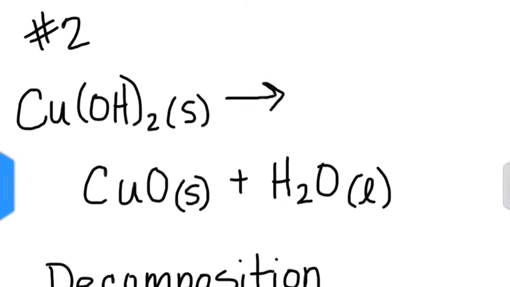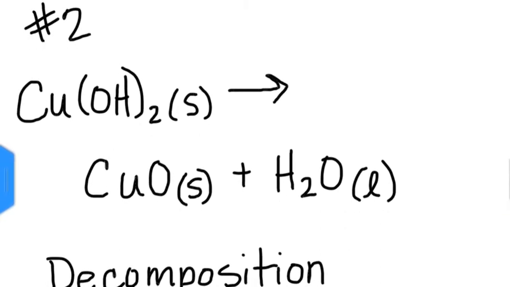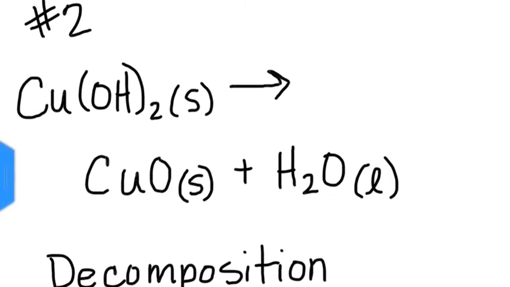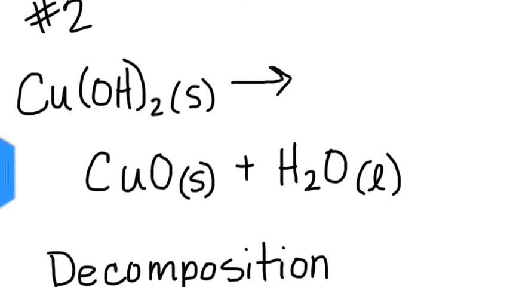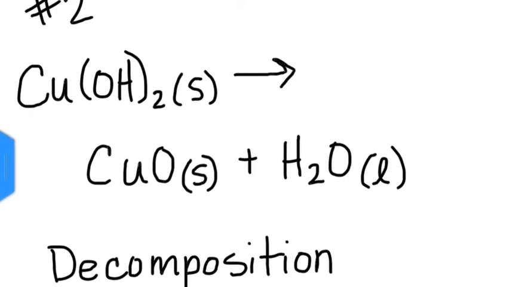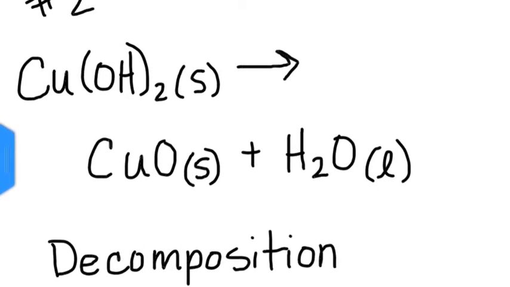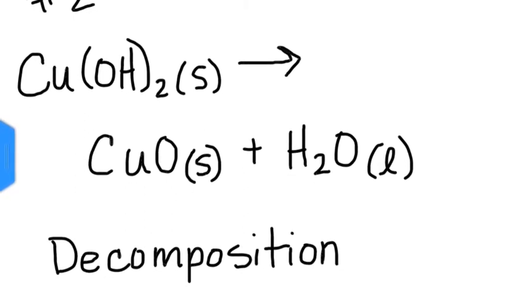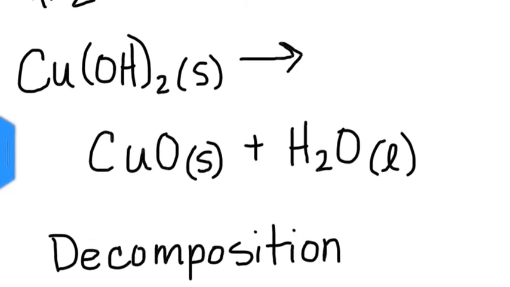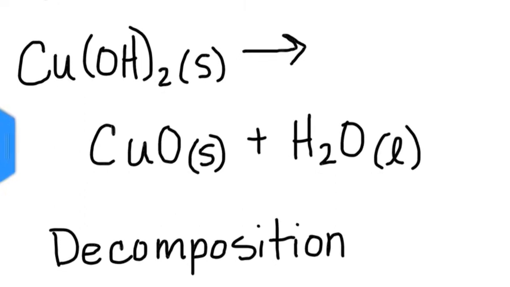So taking a look at the chemical equation for reaction number 2, you can see that we're starting with copper 2 hydroxide. You're going to heat the copper 2 hydroxide, a single reactant, and it's going to break down into copper 2 oxide and water. The copper 2 oxide will be a solid precipitate and water will be in the liquid form.